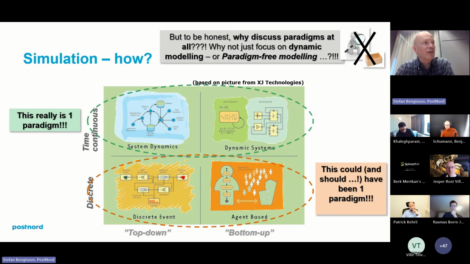What you want is not to have a fraction of a toolbox. You want a total toolbox to be able to combine tools, different dynamic building blocks, to represent the real world as well as possible given the problem you have at hand. So I react quite heavily to this dividing into paradigm thinking.